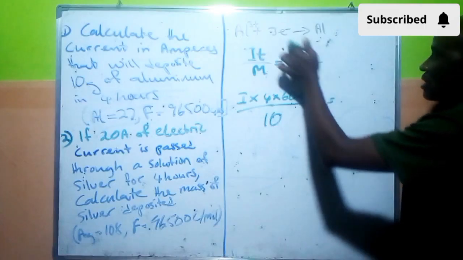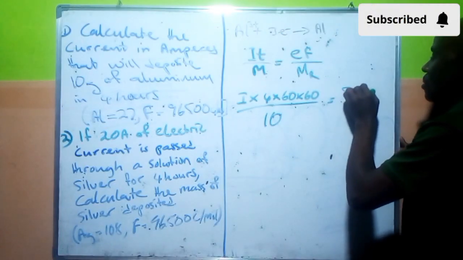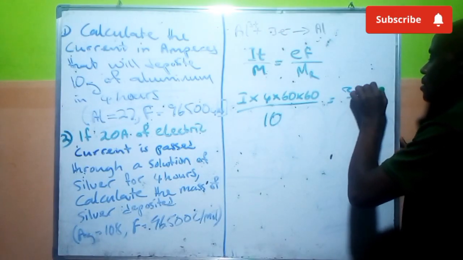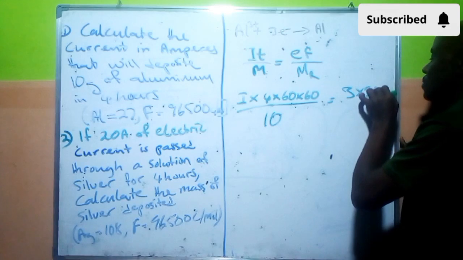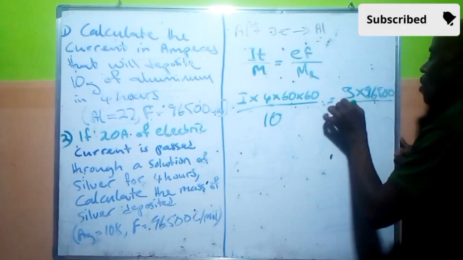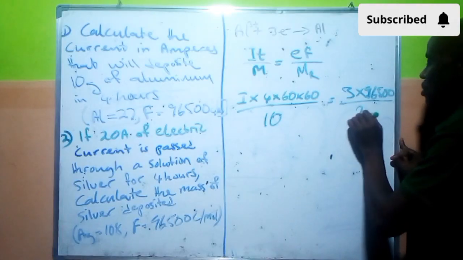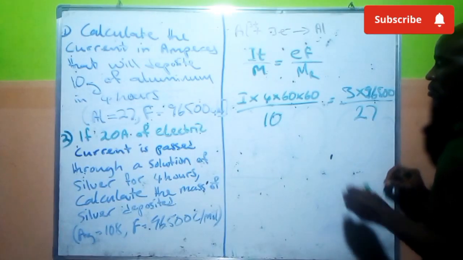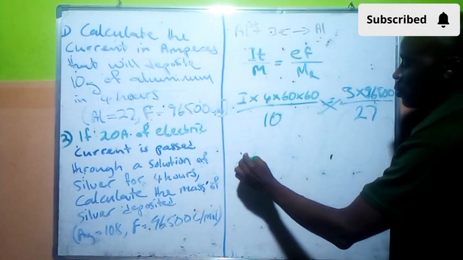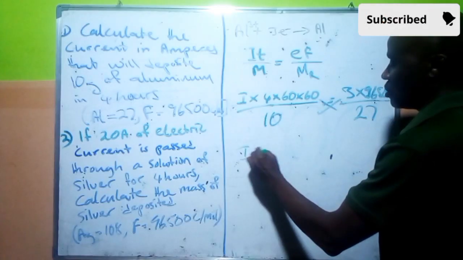Then we have the charge. The charge there is 3 multiplied by Faraday, 96500, all over the molar mass of aluminium, which is 27. So when we cross multiply this, let's just be a bit fast.